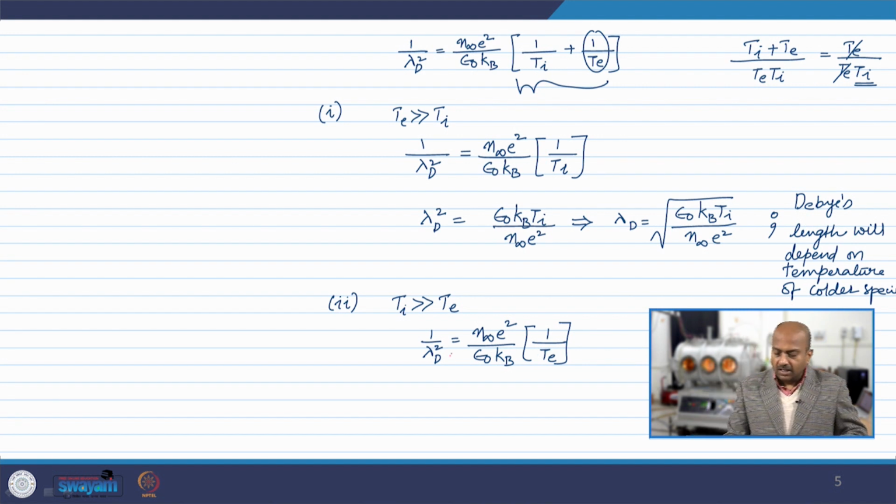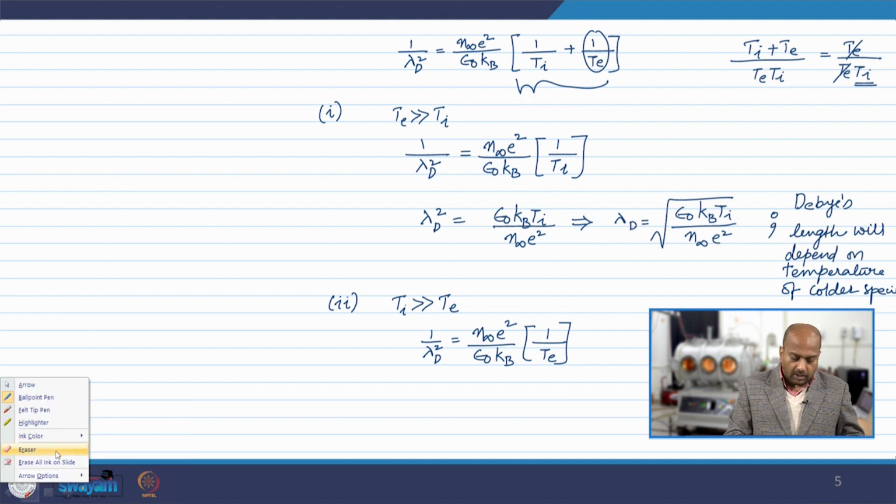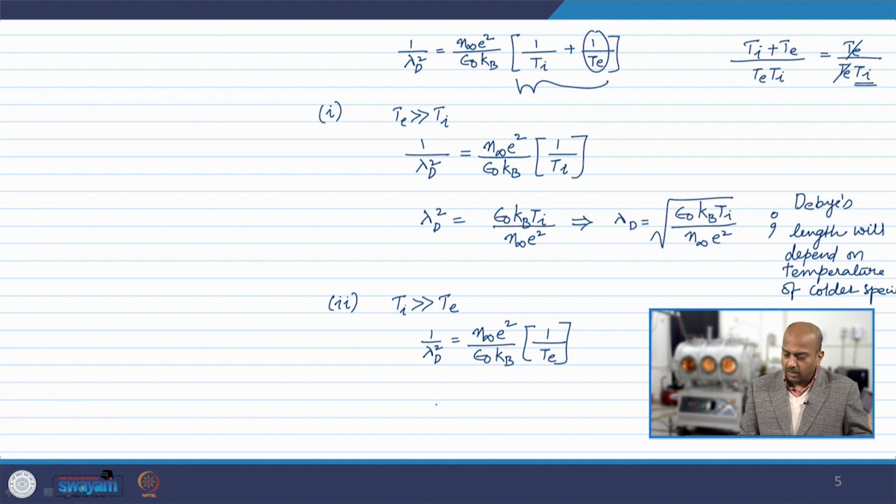Which means now the temperature that appears in this expression is not the higher temperature, rather it is the lower temperature, right. So, we can write lambda d is equal to under root epsilon naught kb Te divided by n infinity e square.